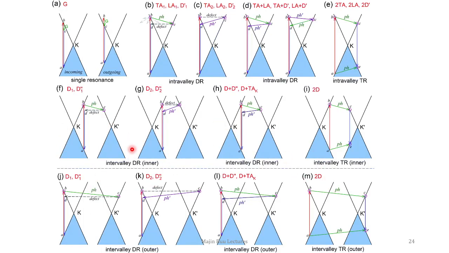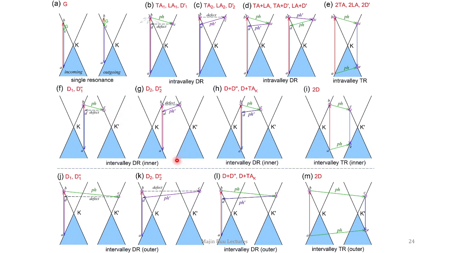Here, similar to the intravalley double resonance processes and triple resonance processes, you can have the intervalley processes that take place, wherein again you have an electron excitation from the valence to the conduction band, following the interaction with the phonons and followed by defect.